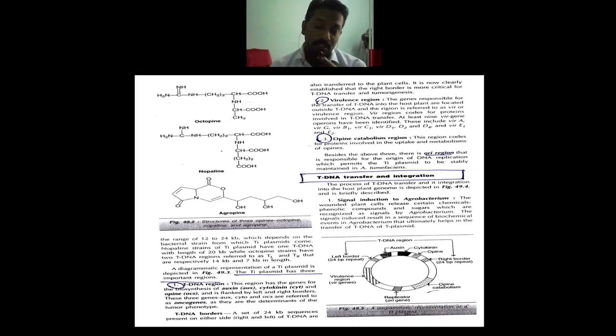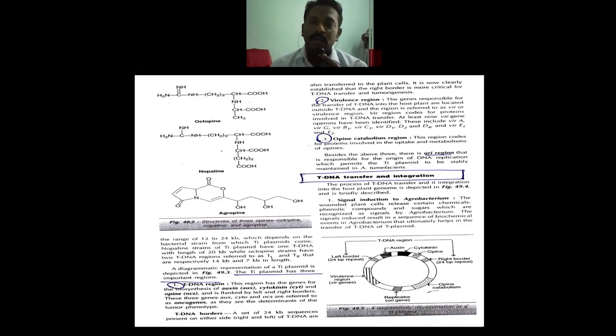Look, in this picture, the Ti plasmid is shown in detail. The Ti plasmid has a tDNA region, a virulence region, a replication region, and an opine catabolism region. The tDNA region is a special region, and this region is responsible for transferring the genetic material into the plant genome.